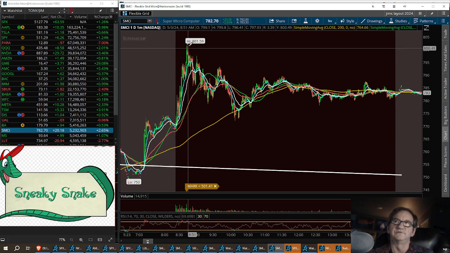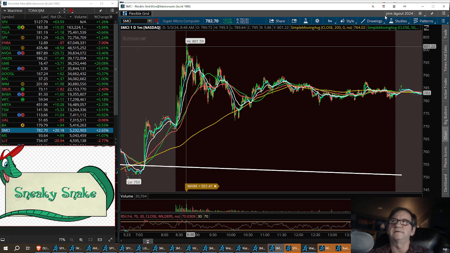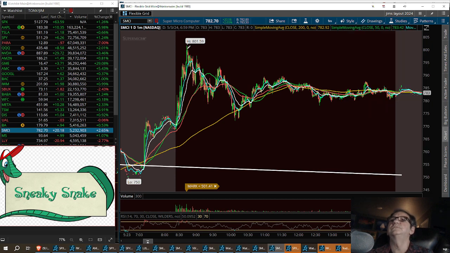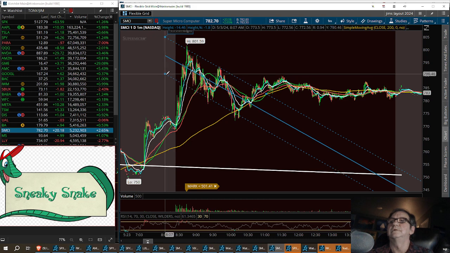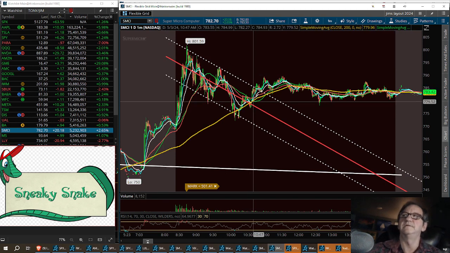So we had a nice little breakout. We got the falling expansion pattern, falling wedge, falling bull flag, off the 200 SMA.